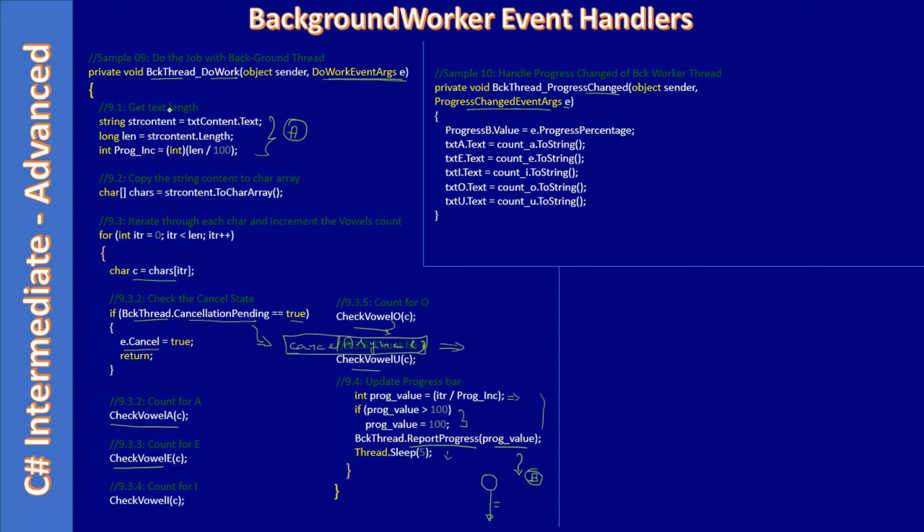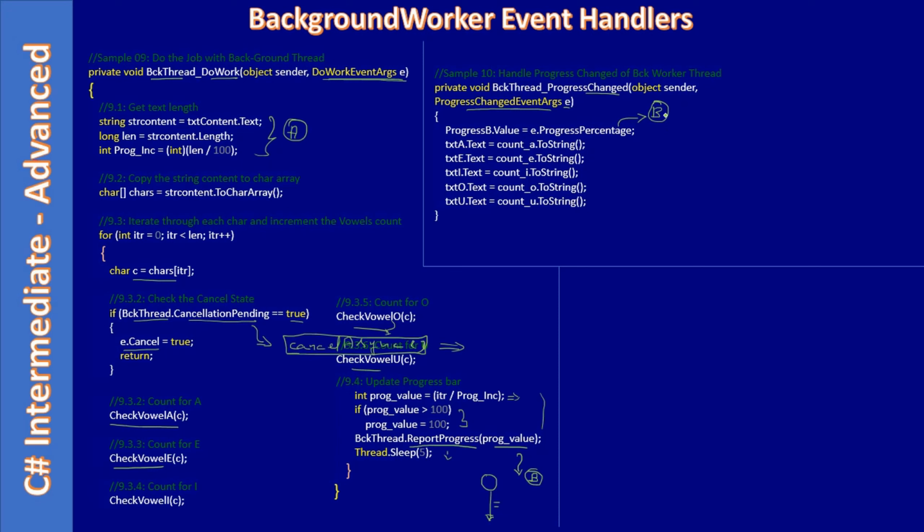We learned properties and events, right? During that time itself, we talked about when this event gets fired. It gets fired when the ReportProgress function is called on the background worker component. So in this ProgressChanged event handler, the progress percentage is nothing but whatever you are reporting, that you will get here.